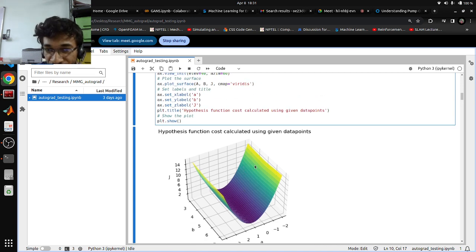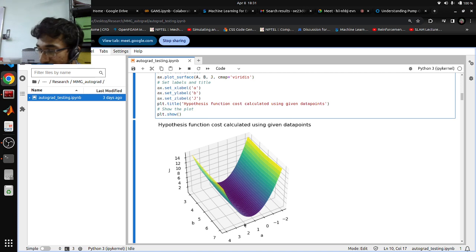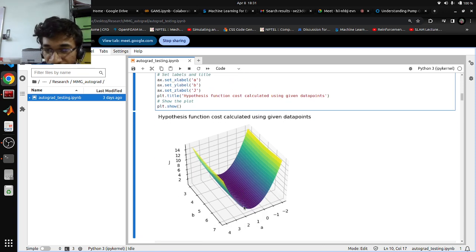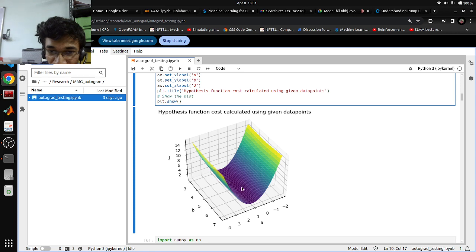This function is actually a function of A and B. For me the data points themselves are fixed, so using the data points we have made this function. As you can see, A equal to 1 and B equal to 5 seems like the minimum of this function.